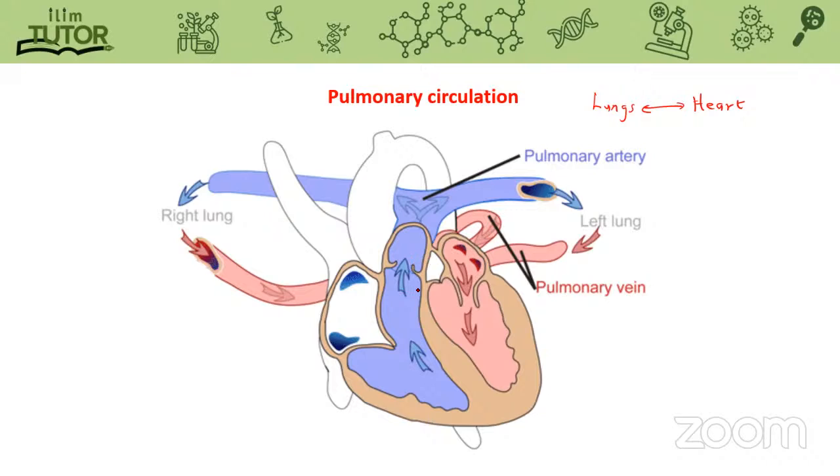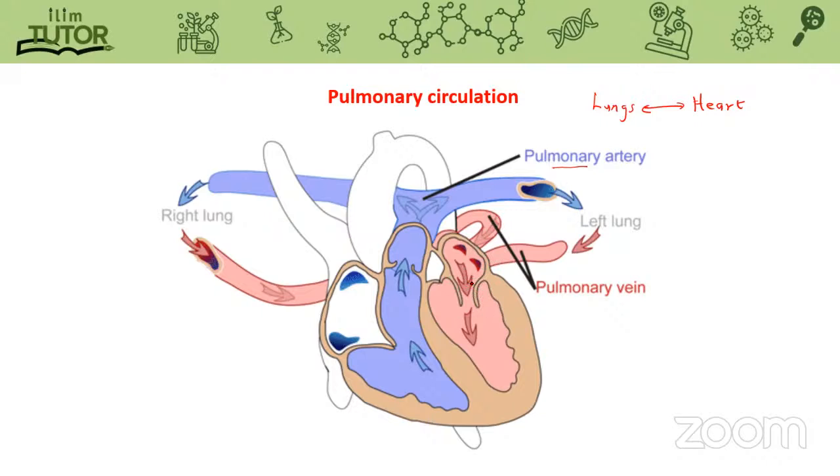In this particular diagram, you can see that this right side of the heart is pumping blood through these two blood vessels that we refer to as the pulmonary arteries. And these pulmonary arteries are taking the deoxygenated blood to the lungs, both the left and the right lungs. Now, when this blood is oxygenated, it returns back to the heart through the left side.